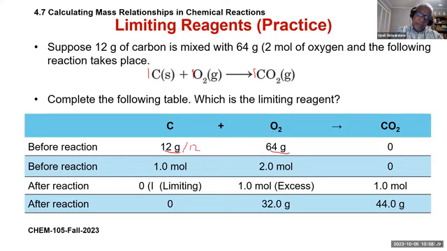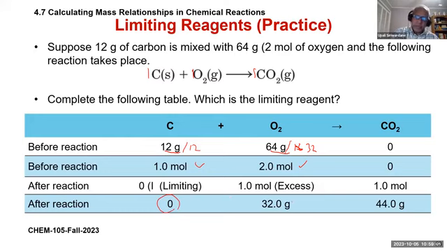Carbon's formula mass is 12, oxygen is 32, so 64 over 32 gives 2 moles of oxygen, and 1 mole of carbon. Therefore, the limiting reagent is going to be carbon, which is used up after the reaction.